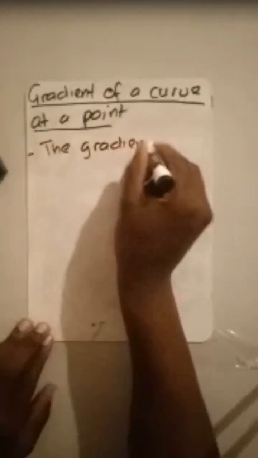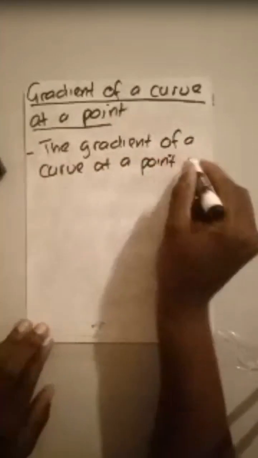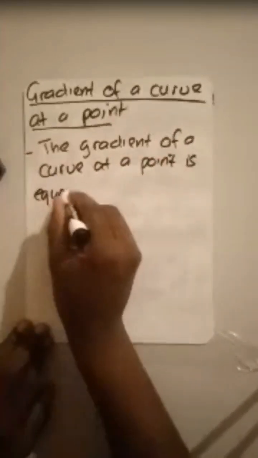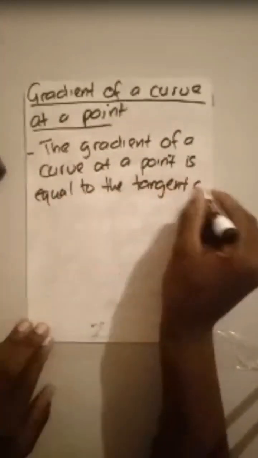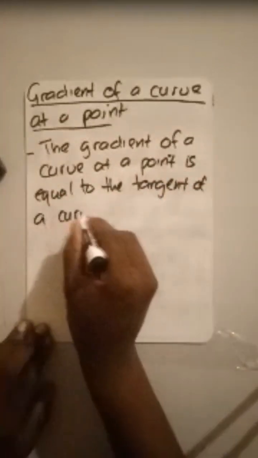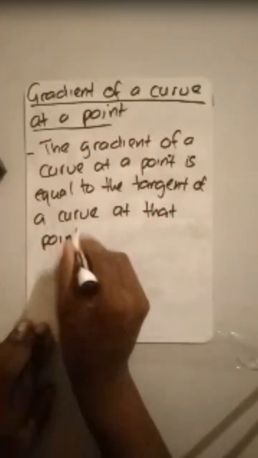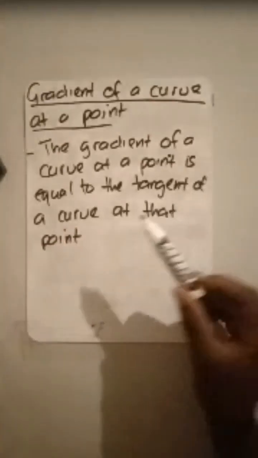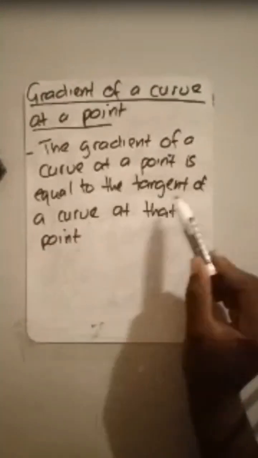It is important to note that the gradient of a curve at a point is equal to the tangent of the curve at that point.